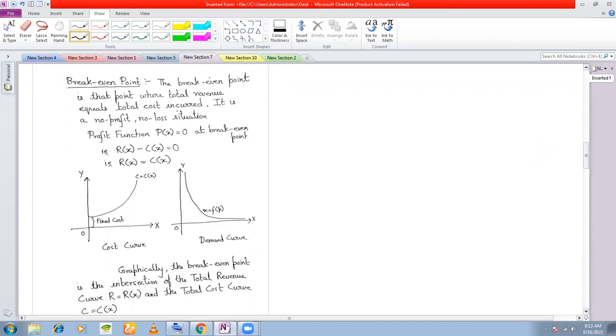So let us define the break-even point. The break-even point is the level of output at which the revenue function is equal to the cost function. That is the level of output at which the profit is zero. The level of output at which the profit is zero is called the break-even point.